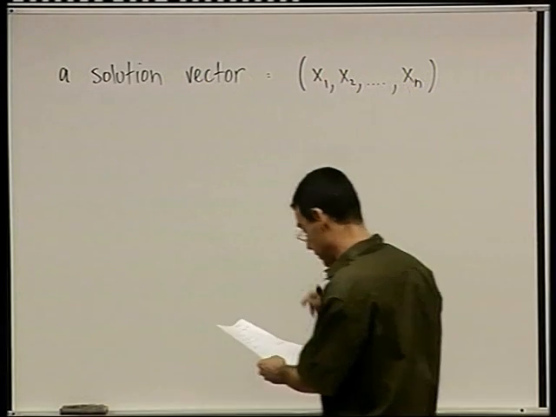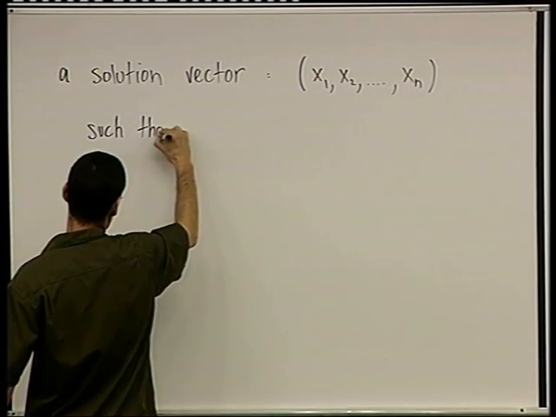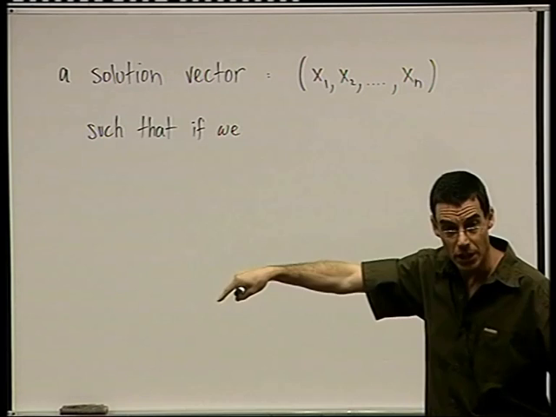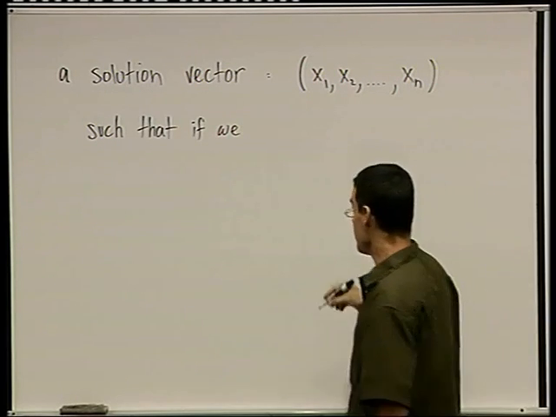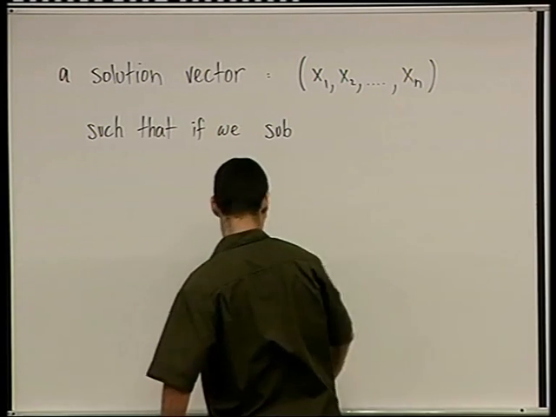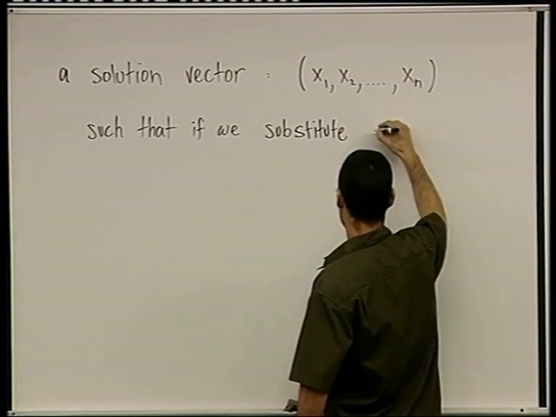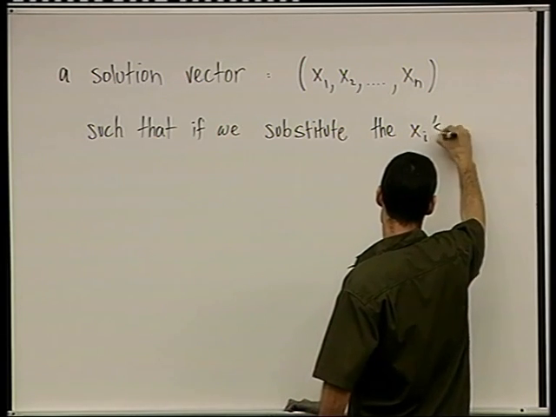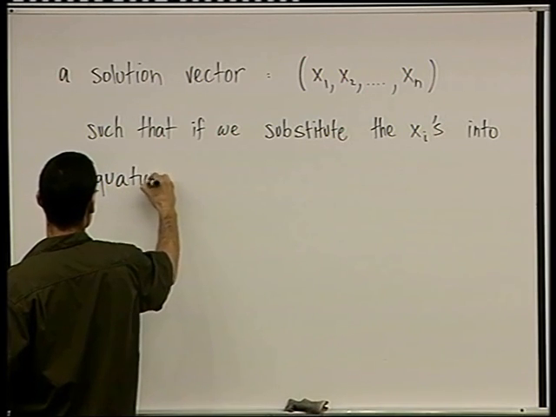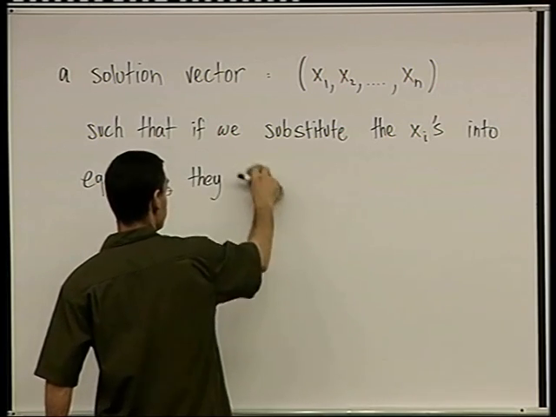It is a vector like this such that if we substitute the x's, the xi's, into the equation, we get equality. They solve it, or they satisfy it.